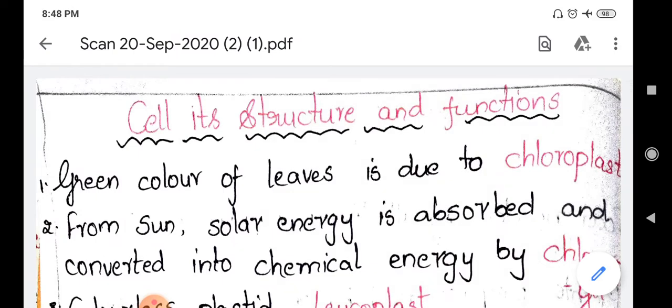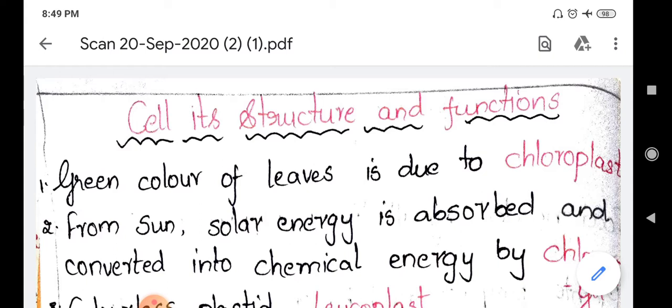Okay, so the first bit is: green color of the leaf is due to presence of dash. In the previous video I completed this chapter and told about the cell organelles. In the plant cell we have a special cell organelle called the plastid, and in plastids again we have 3 types. One of the plastids is chloroplast.